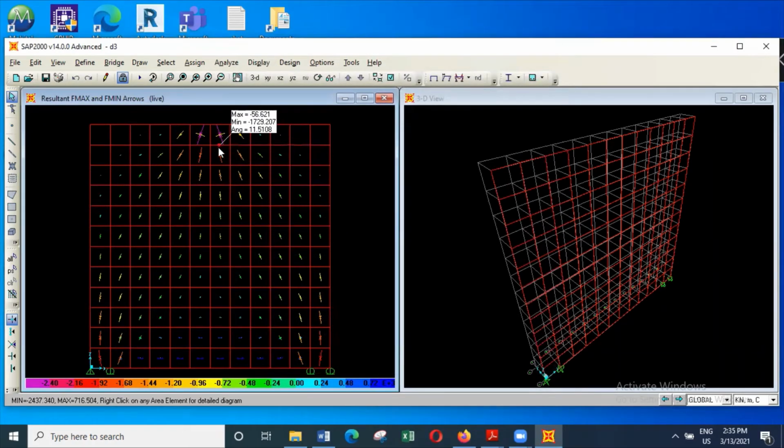And here you can see that, although we apply the load here, automatically the load will be moving towards a path like this. And the reason is that these supports will act like rigid.